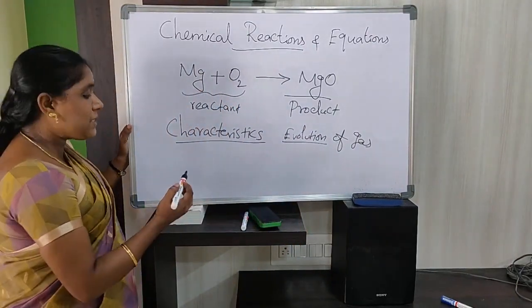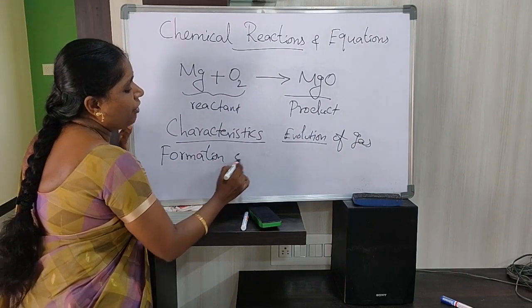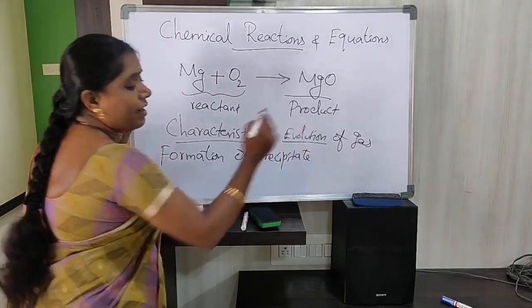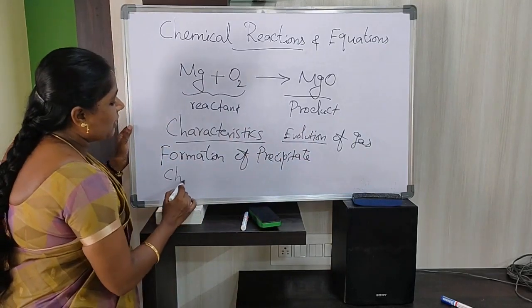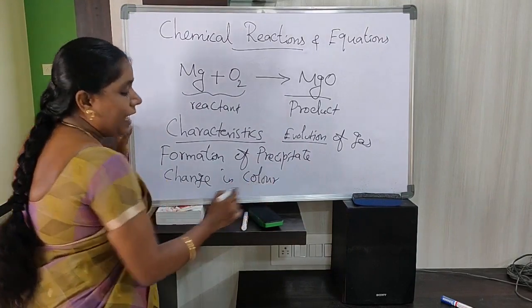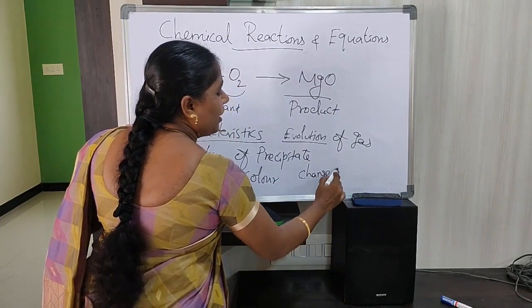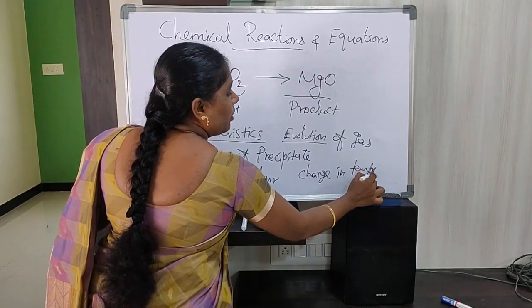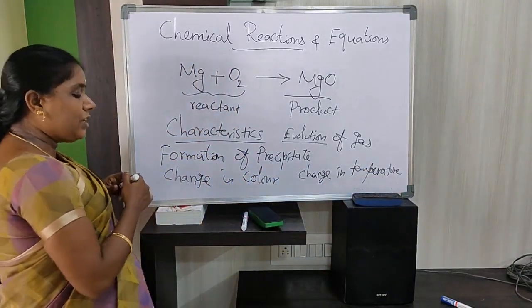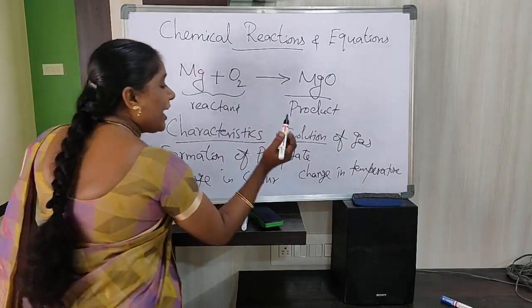So evolution of gas, then formation of precipitate, change in color as well as change in temperature, and finally change in state.